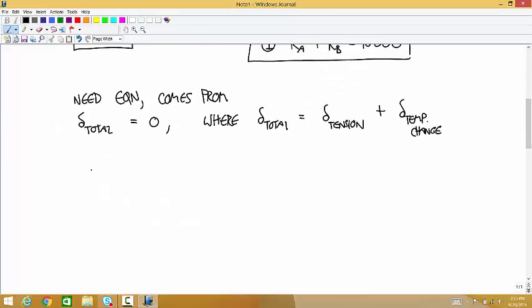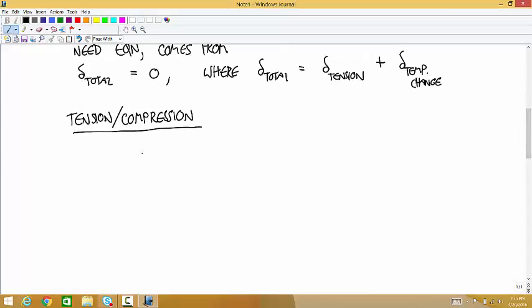Okay, so I'm going to start with the one due to tension compression. So here's what we know. We know that there's a force here of 10,000 newtons, a force here that we've already named RA, and a force here that we've named RB.